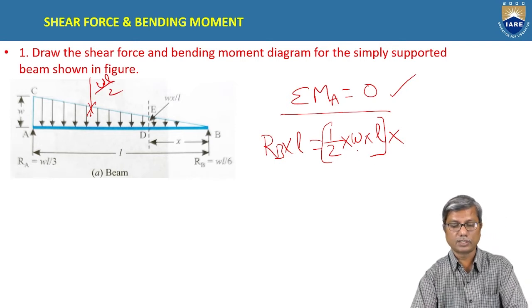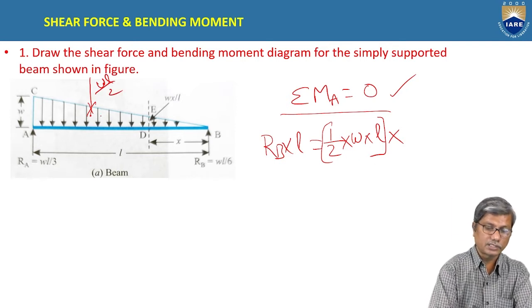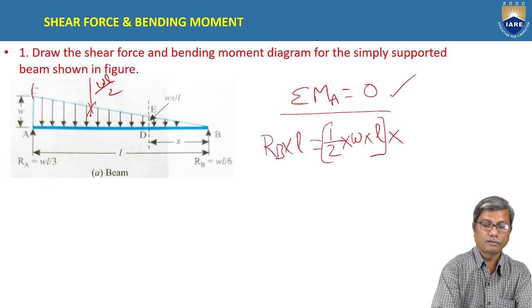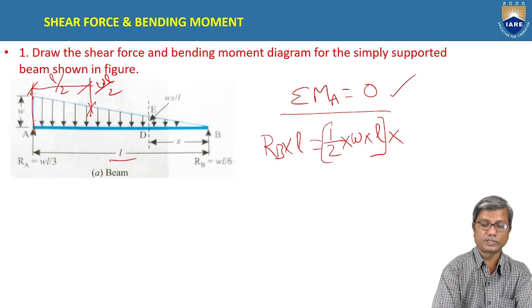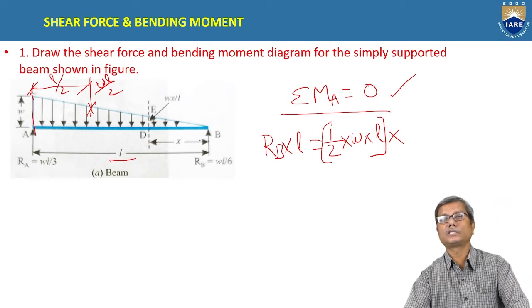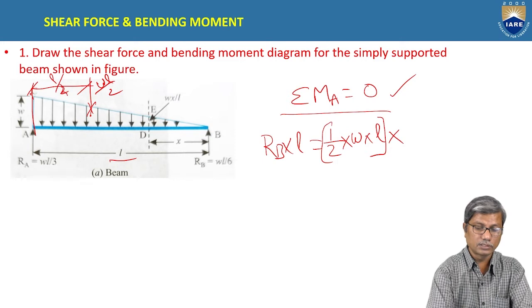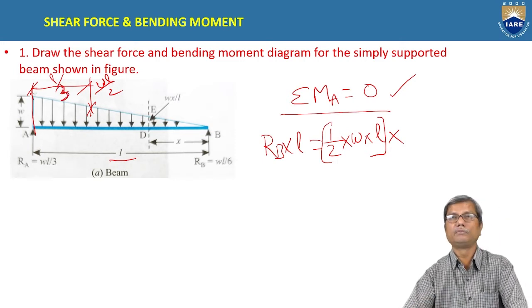It acts at a distance of 1/3 of L, because this is the base for this triangle and the centroid lies at a distance of L by 3 from the base.